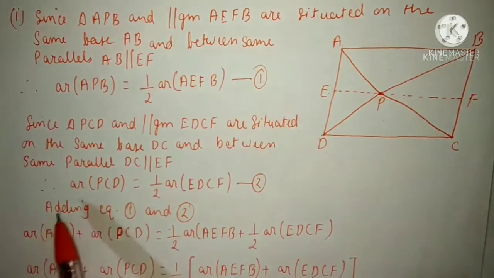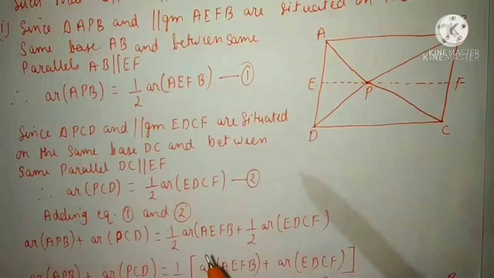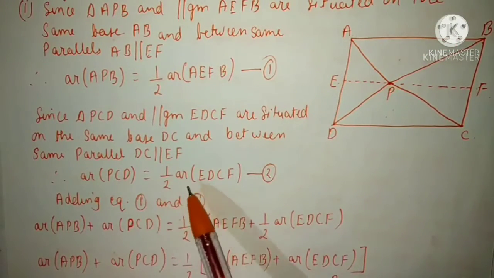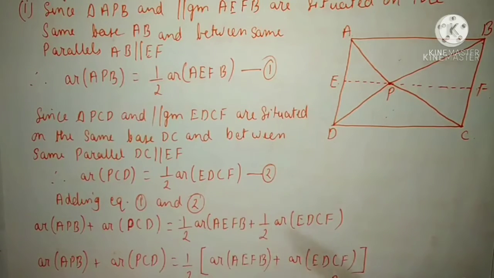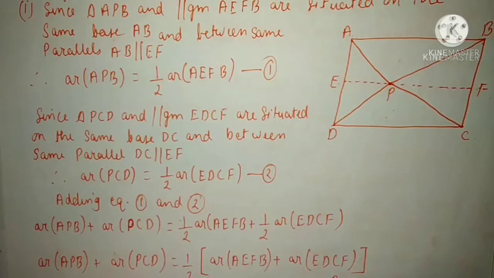So area of triangle PCD is equal to half of area of parallelogram EDCF. Now name this equation as equation number 2.